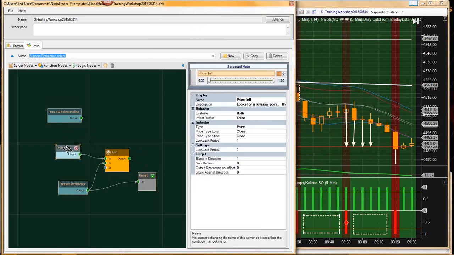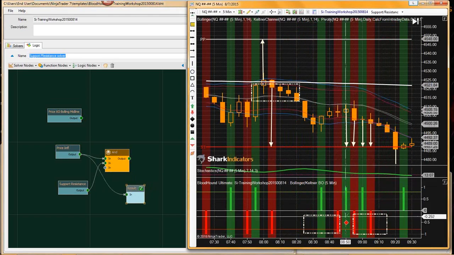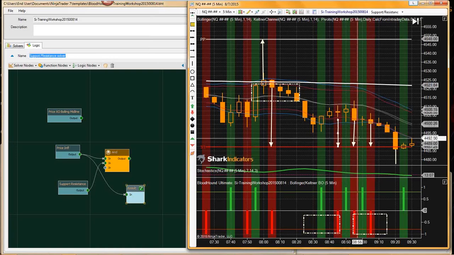So let's see if there are actually any short signals. Yeah, I can see 3. Right, there's a short signal there, there, and there. There we go. So I've got my arrows on the short signals.